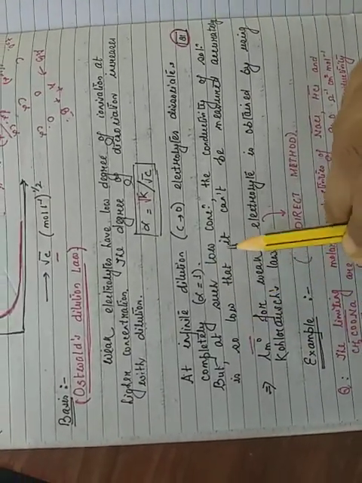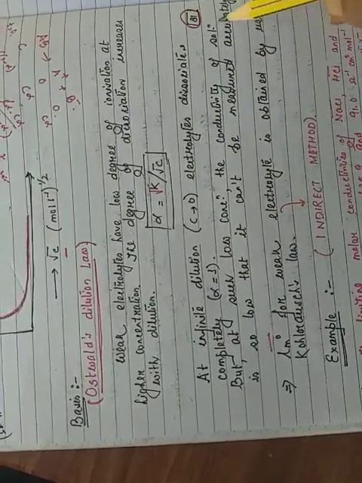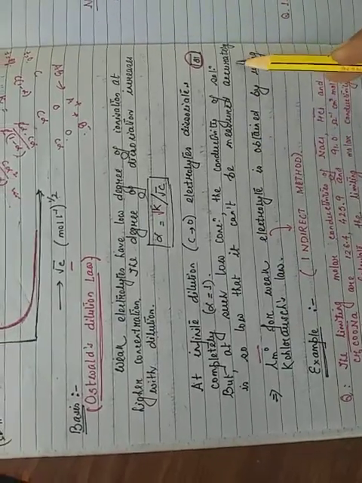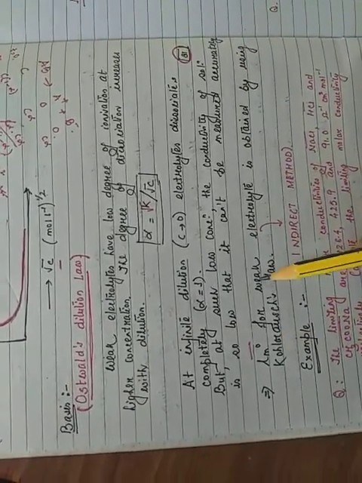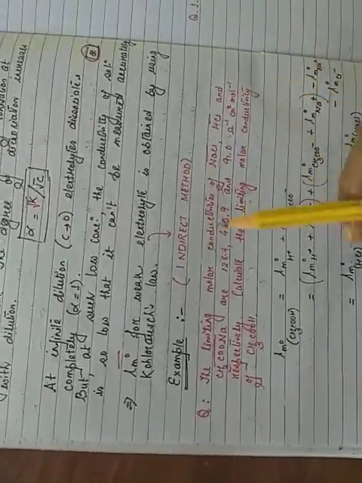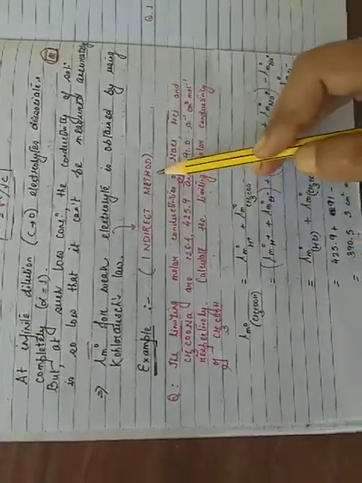But at such low concentration, the conductivity of the solution is very low, so it cannot be measured accurately. Hence, for a weak electrolyte, it is obtained by using Kohlrausch's law, that is, through an indirect method.